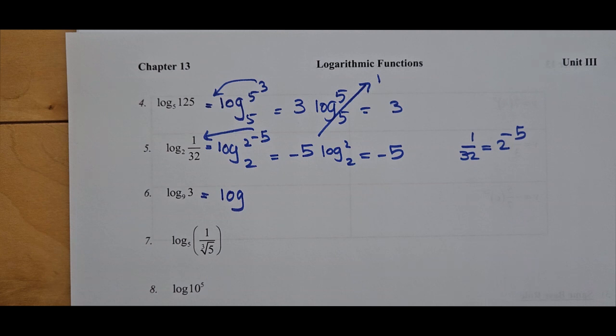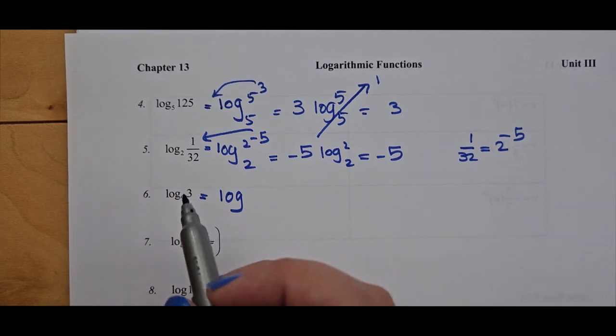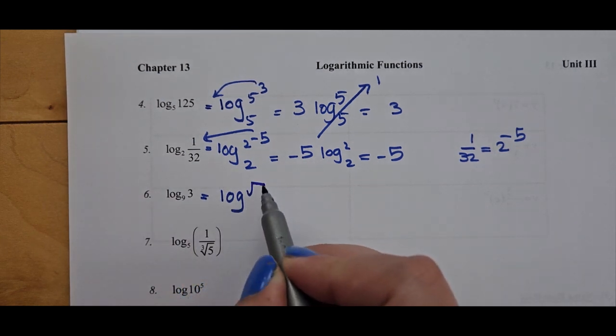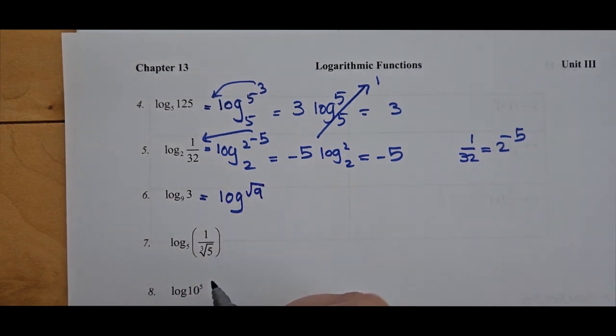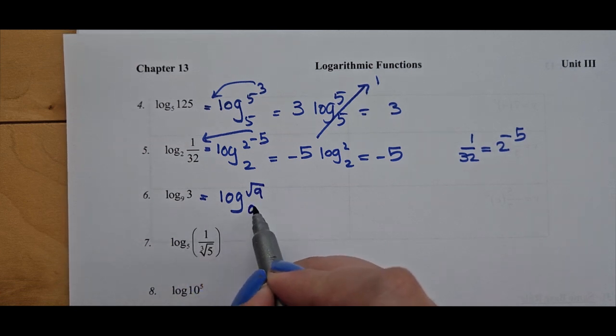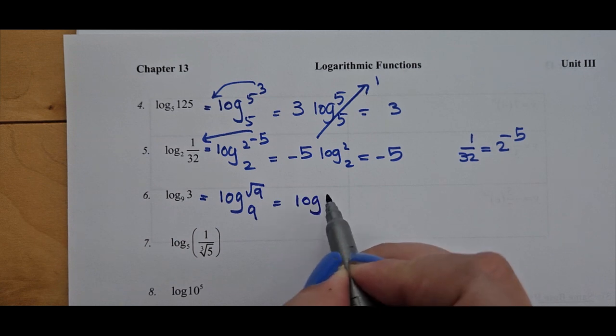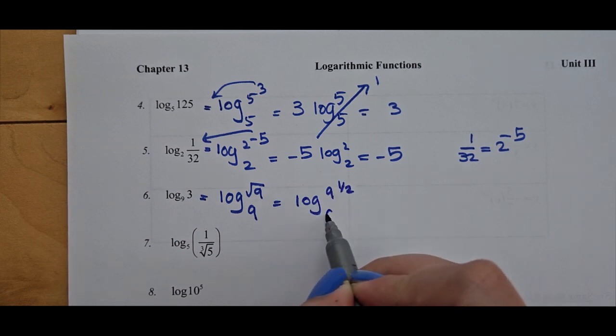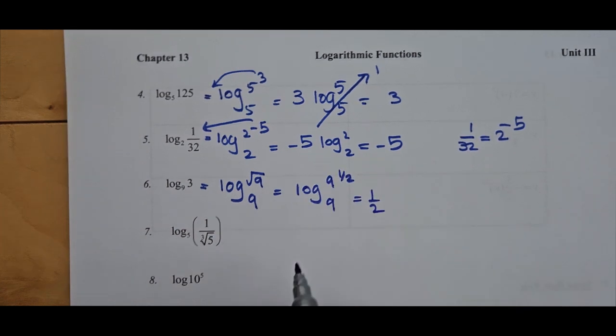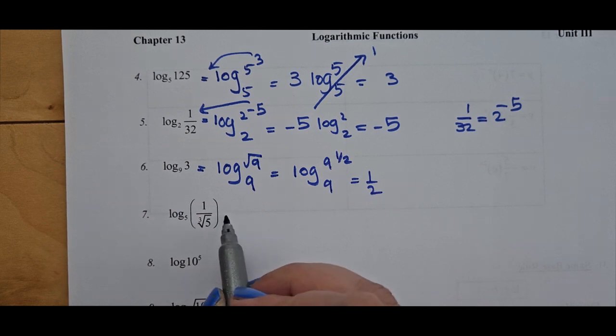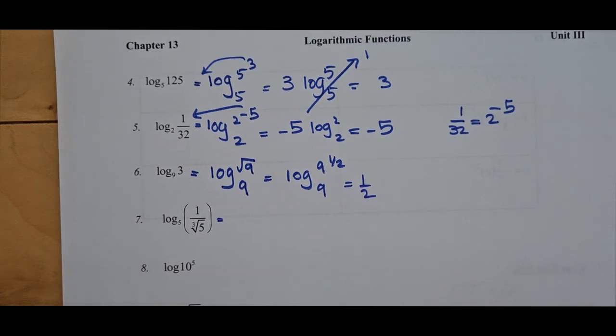So here, what I will do, instead of 3, sorry, I can write this one, right? Because 3 is 9 to the power 1 over 2. So here I would have log 9 to the power 1 over 2 to the base 9. So that would be 1 over 2. How about here? Okay. Yes.